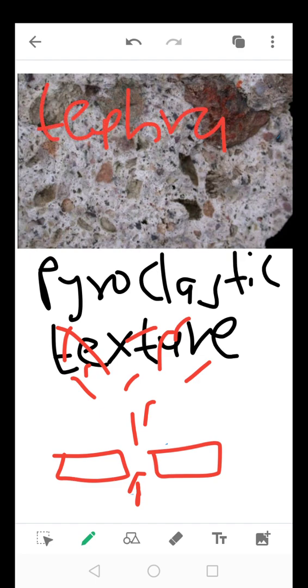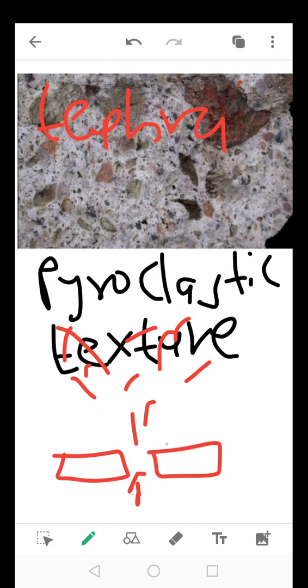Tephra is the loose materials, or if you don't want to say loose assemblages, you can say unconsolidated materials. They are called tephra. They are not consolidated. And pyroclast, hot broken fragments. Depending on the size, the tephra can be classified as blocks, lapilli, or ash.